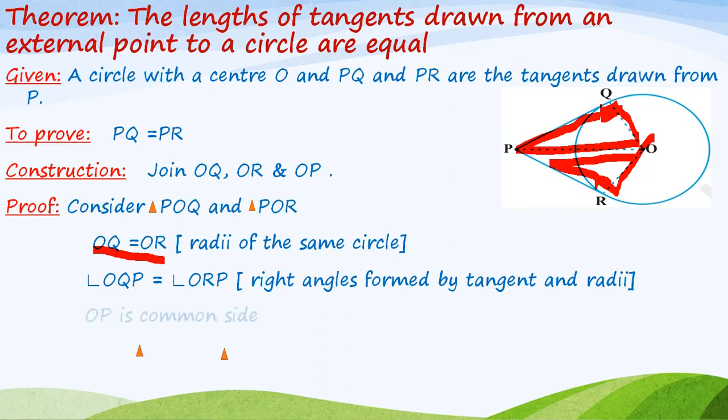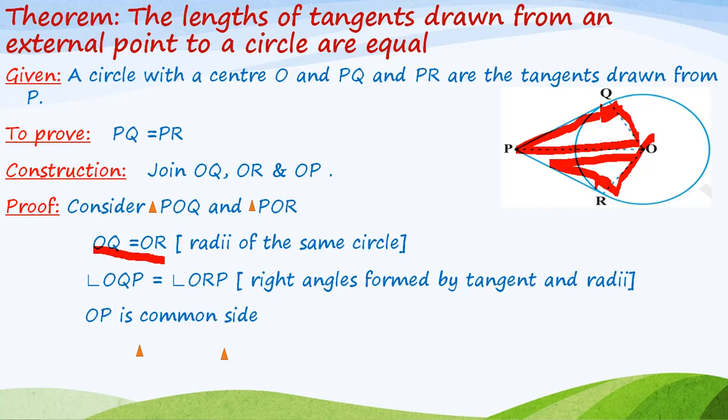OP is the common side for these two triangles. These two triangles are right angle triangles. The hypotenuse is equal and one other side is also equal. Therefore, in a right angle triangle, the hypotenuse and one side of one triangle are equal to the corresponding hypotenuse and one side of another triangle.